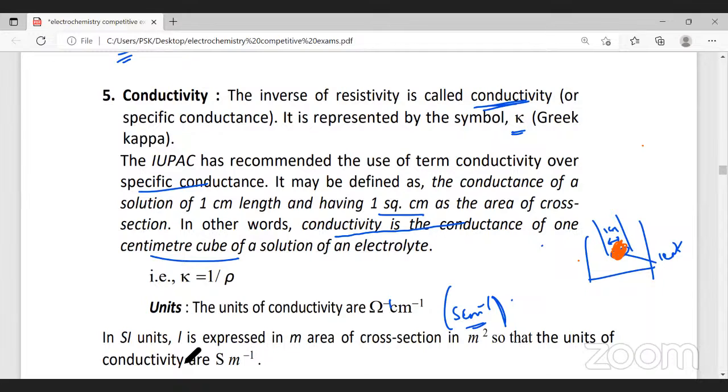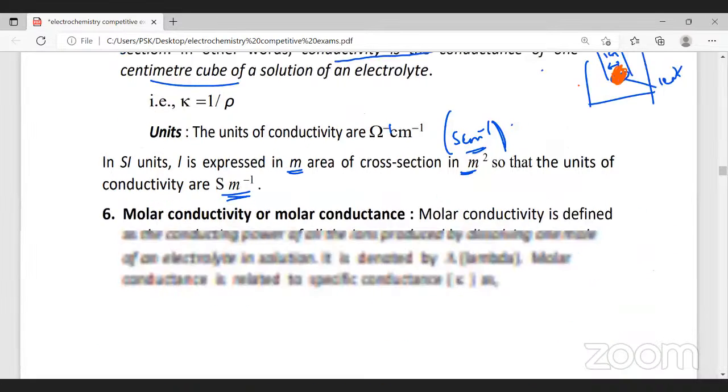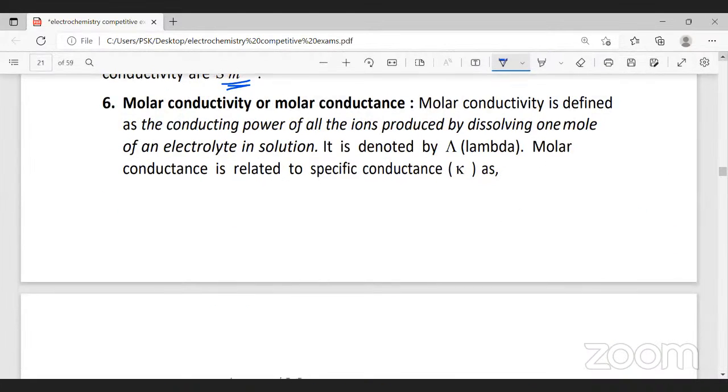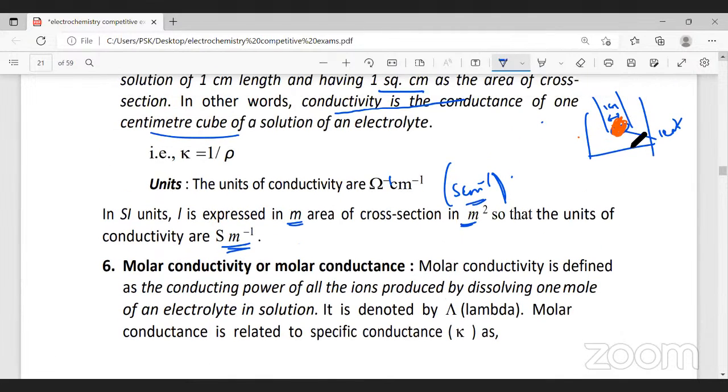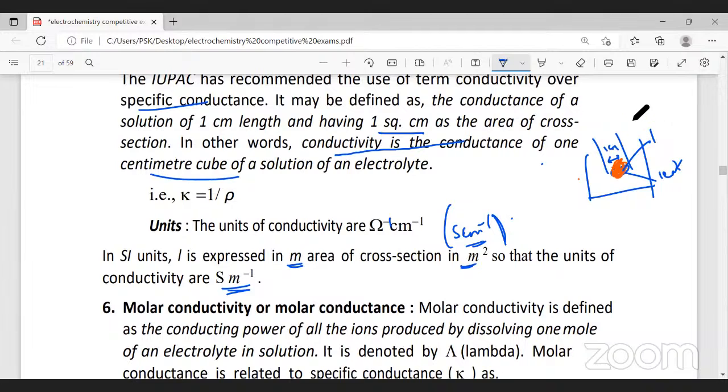In SI units, L is expressed in meters and the area of cross section in meter square. So the unit of conductivity is Siemens per meter. Did you follow what is specific conductance? In the case of specific conductance, the distance between the electrodes should be 1 centimeter and the area of cross section is 1 centimeter square.